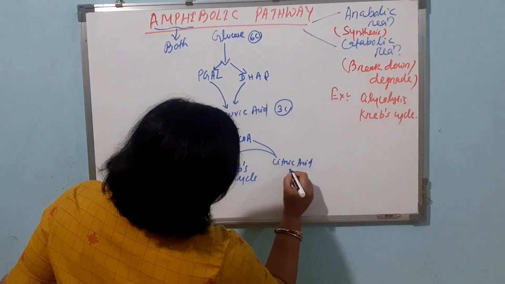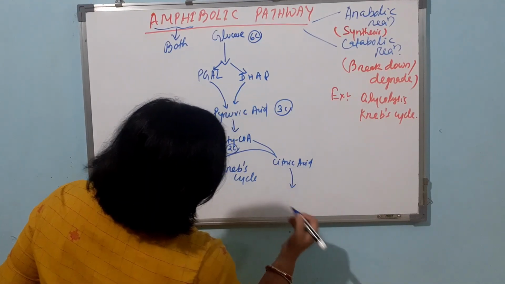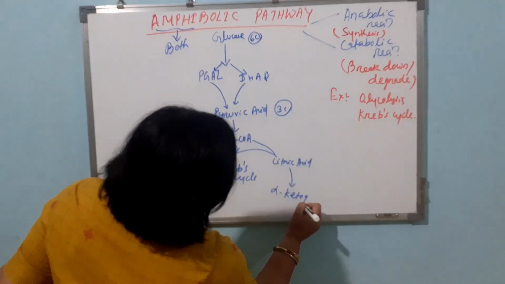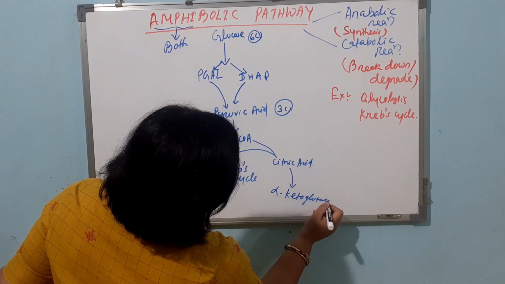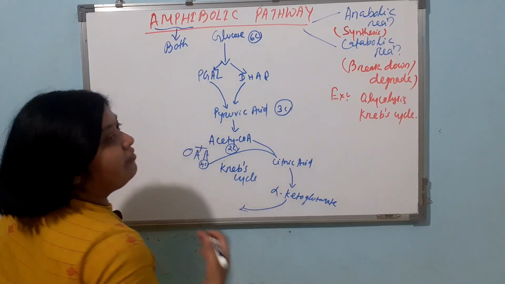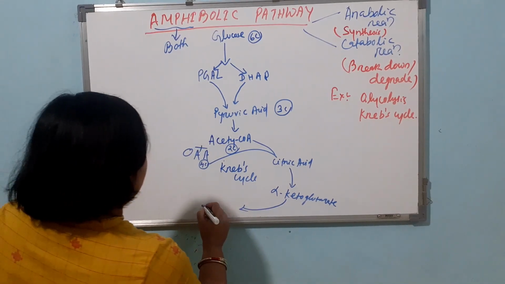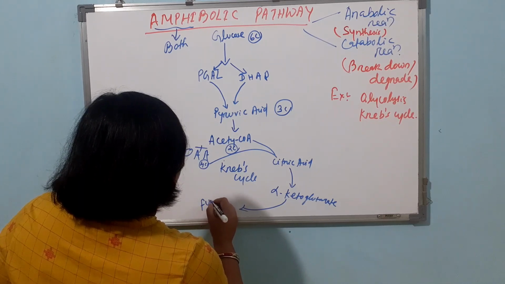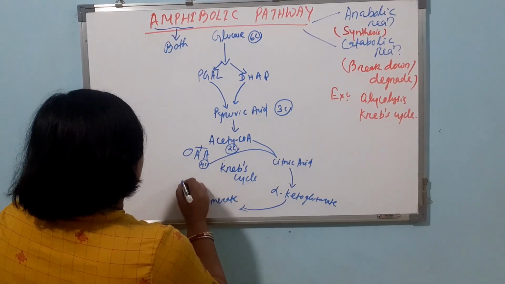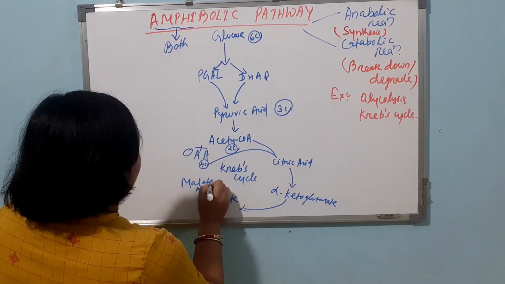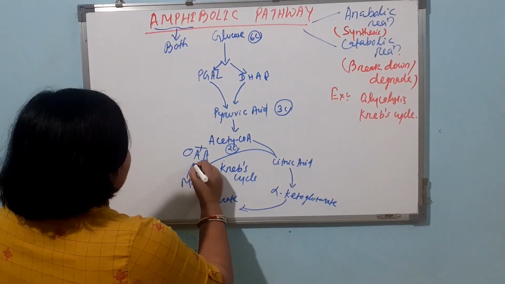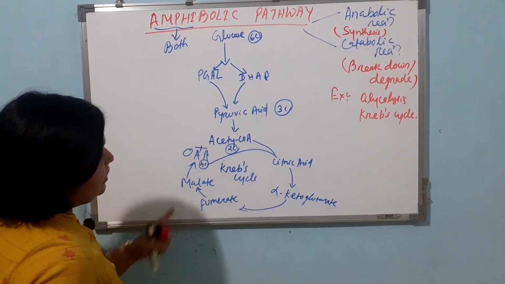This citric acid is converting into a number of substrates. In between you will find alpha ketoglutarate. This alpha ketoglutarate is converting into succinic acid, then fumaric acid or fumarate, then malic acid or malate, then this malic acid converts into oxaloacetic acid, which is the end product of this Krebs cycle.